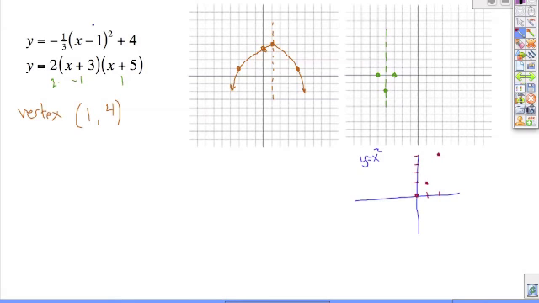If we look at the pattern here, we can notice something really nice. The vertical change, if we go over 1, we're going up 1. The next vertical change, we've gone over 1, now we're going up 3. And then the next vertical change after that would be up 5. There's a pattern of odd numbers increasing from point to point.